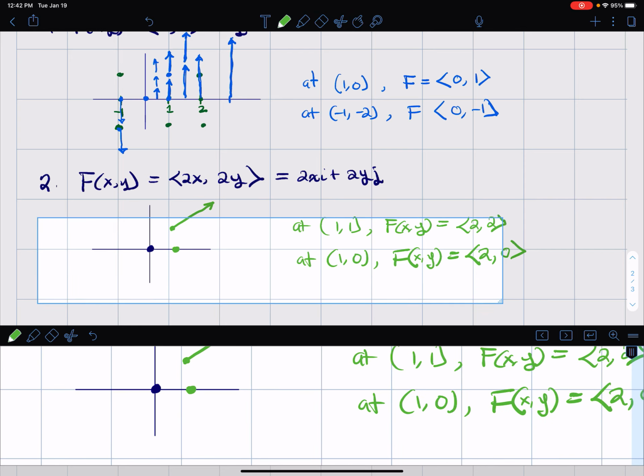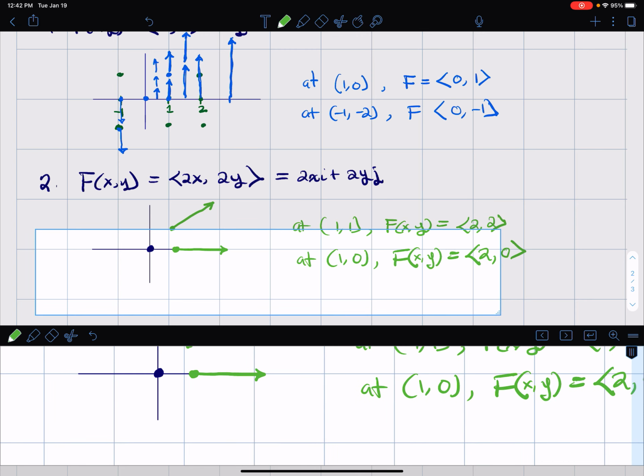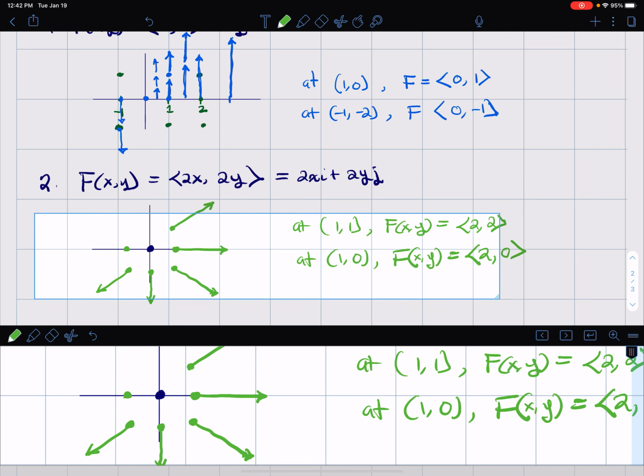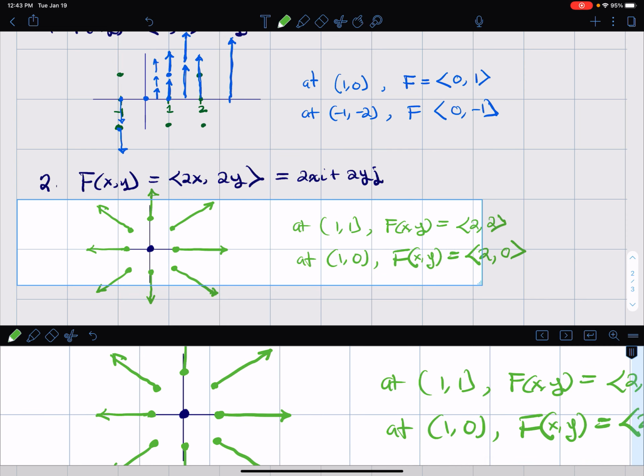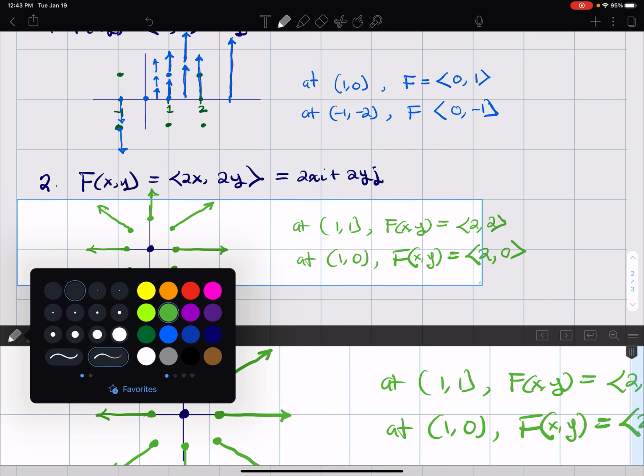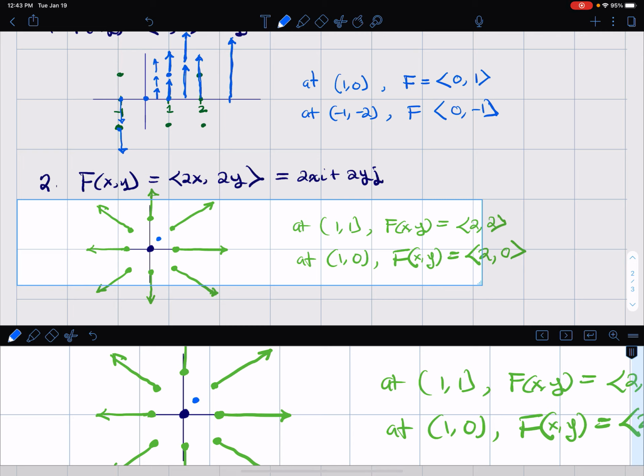So along the x-axis we're moving 2 units, along the y-axis we're not moving at all. If you do this for a bunch of points, you will get something that looks like a star, like that. Of course, if you pick points closer in, your vectors are going to be shorter.